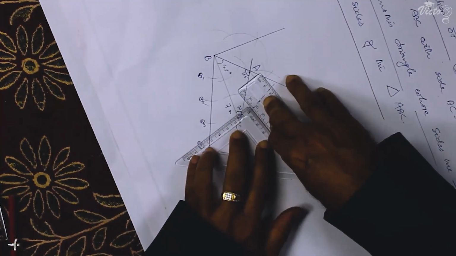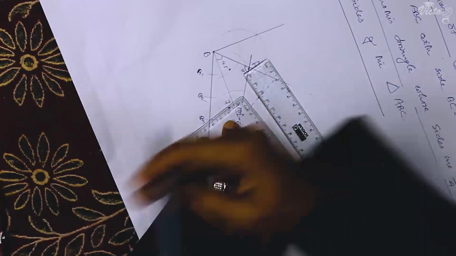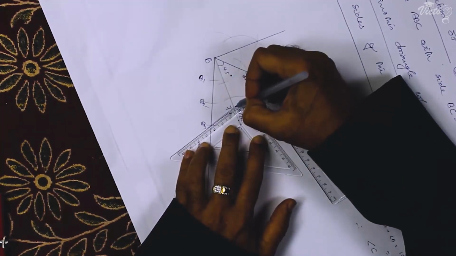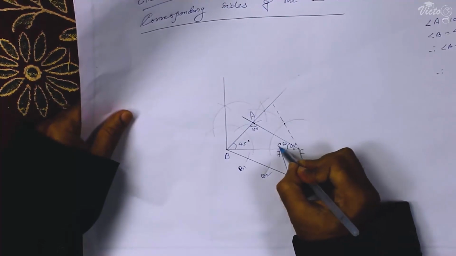Moving the set square to the point B3, we can draw a line segment through B3 and name that point of intersection as C dash.